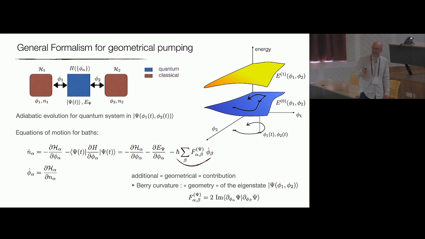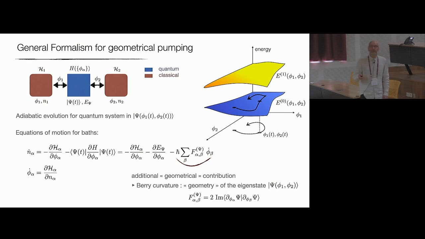This extra term originates from the fact that my Hamiltonian now depends on the phases of my two classical environments. And I'm further assuming that I'm always considering this operator in the ground state. So I only look at the expectation value of this operator in the ground state, which is the state corresponding to this energy manifold.